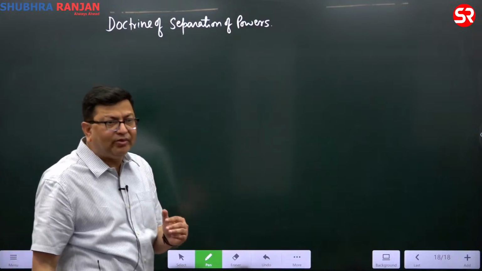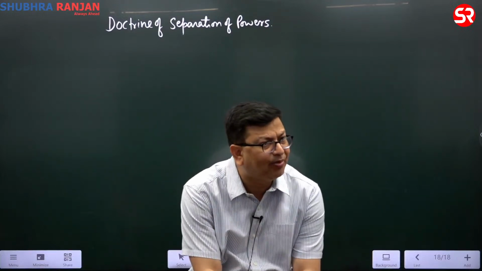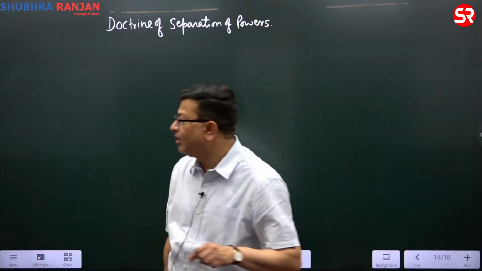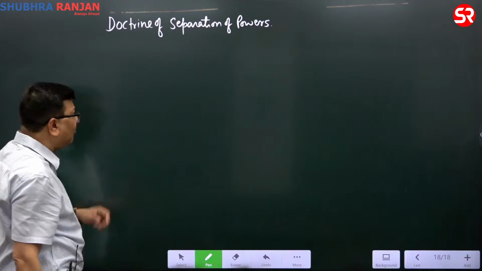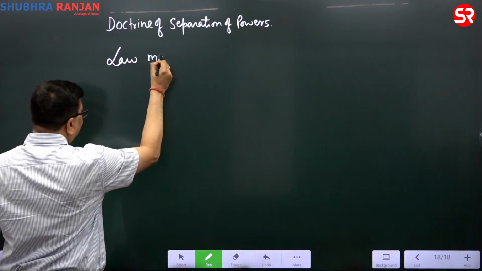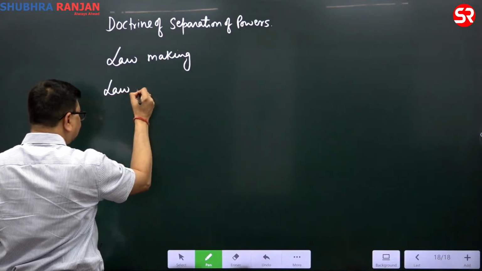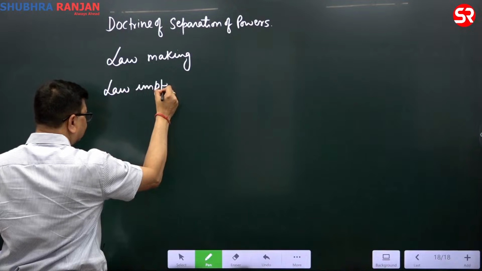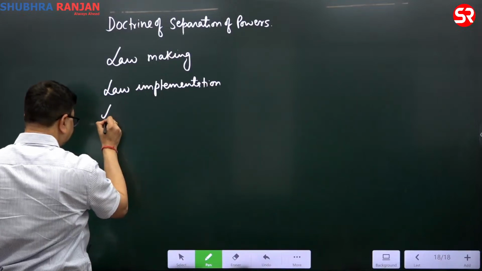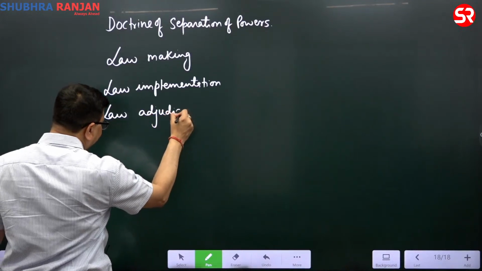When we say division of powers, it is the central government and the state government. In that context, we use this term division of powers. When we use the concept of separation of powers, it is in a different context. Every state has got 3 functions to perform, as we had discussed in the last class: law making, law implementation, and law adjudication.